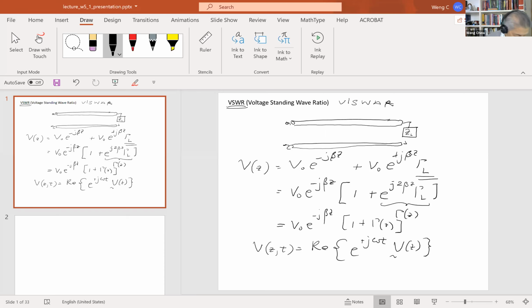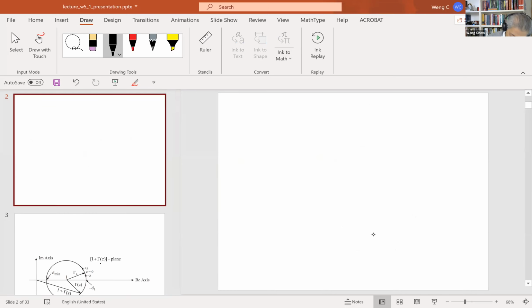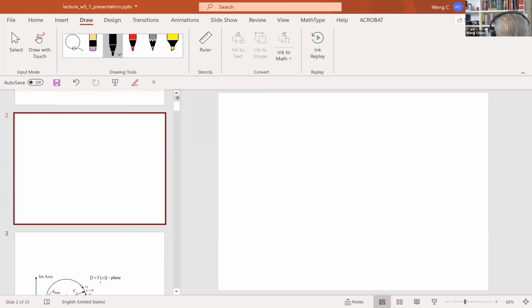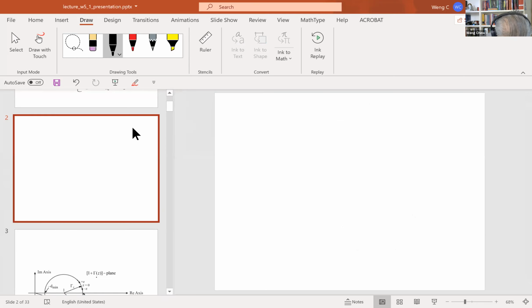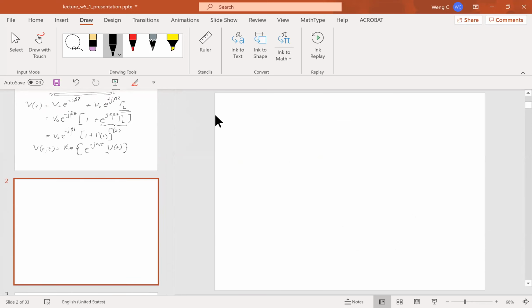Okay, so if you look at this more carefully, the magnitude of V of z, let me see if we can show it on the left here as well. I want to show part of this, okay?